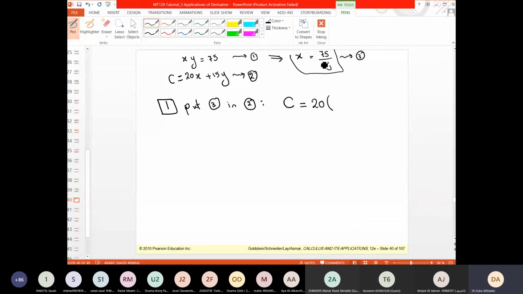So the x now is 75 over y. I'm going to make it all in y this time, plus 15y. The equation became all a function in y now, as you can see.